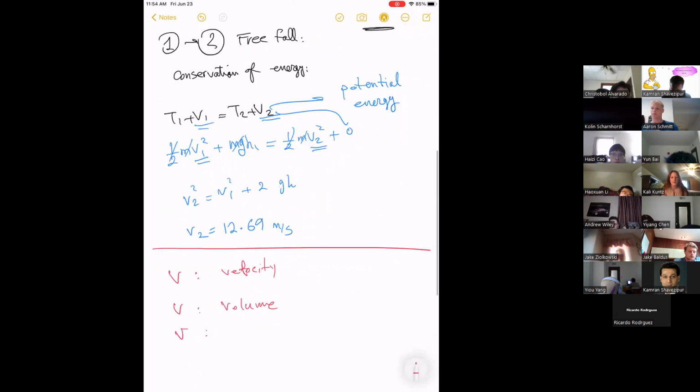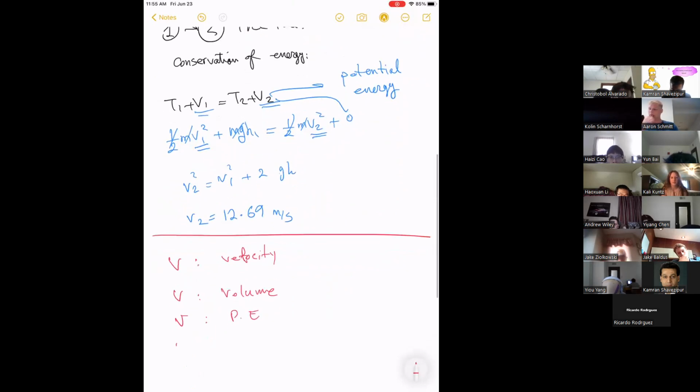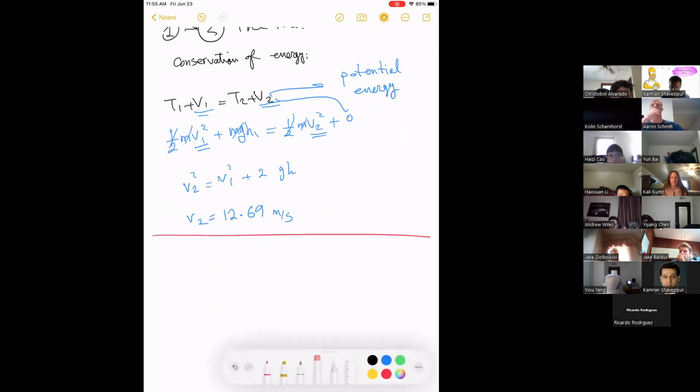Now we use V here for potential energy. We use V for voltage. They're all capital V's, but hopefully you can distinguish between them. We don't have voltage and other stuff here. Volume, we don't use as much, but please be careful. This is potential energy and this is velocity. I know it's confusing, but you get used to it.